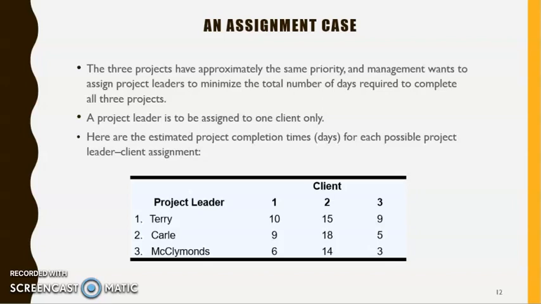Here are the project leaders 1, 2, and 3, and here we have 3 projects. We want to assign the project leaders to the projects in a way that the total number of days required to complete all 3 projects is minimized.